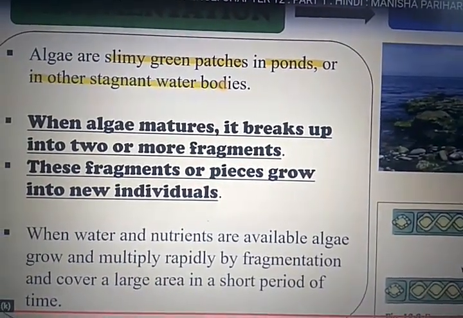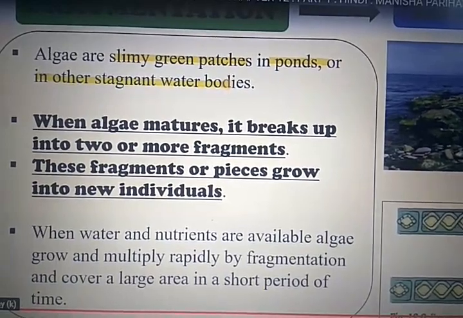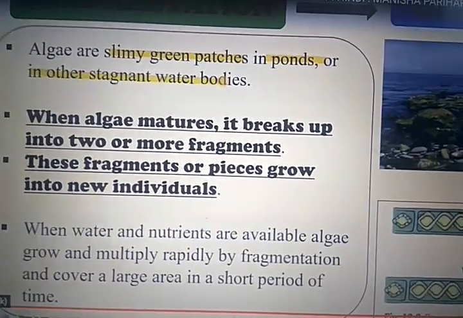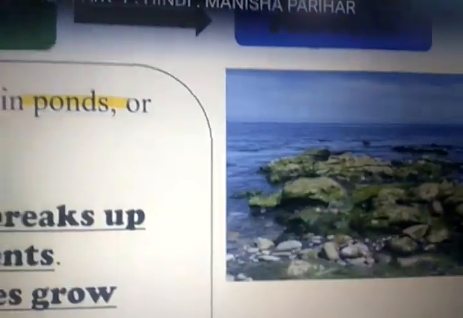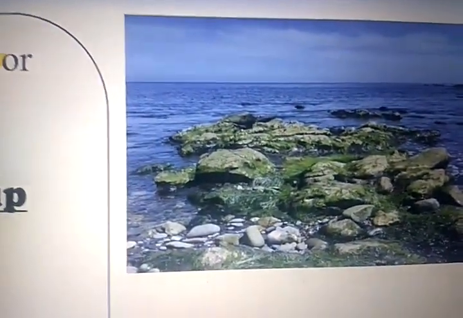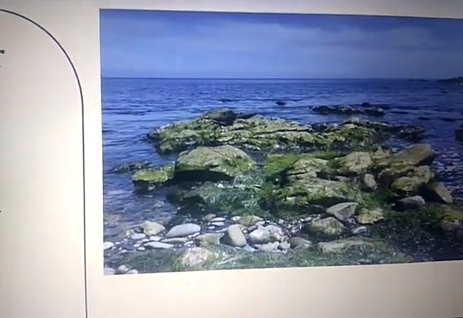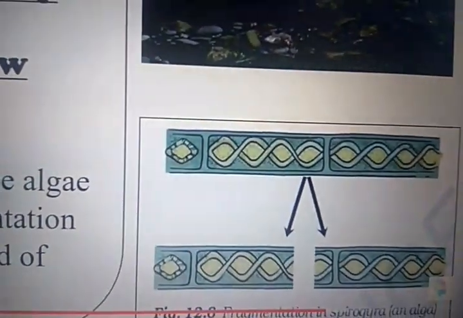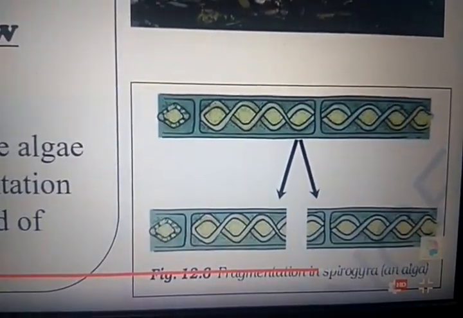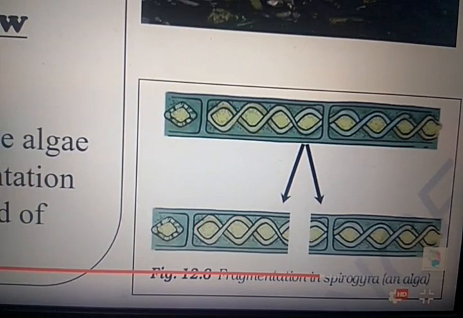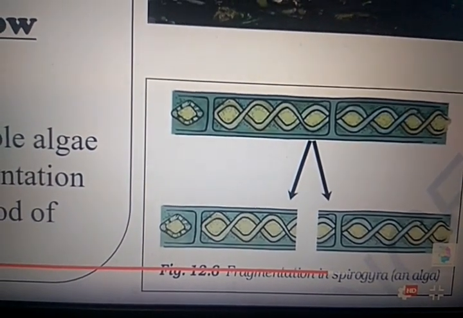Algae are slimy green patches in ponds or in other stagnant water bodies. You can see this is an algae which is stuck on the stones. And here, the fragmentation of Spirogyra in algae.